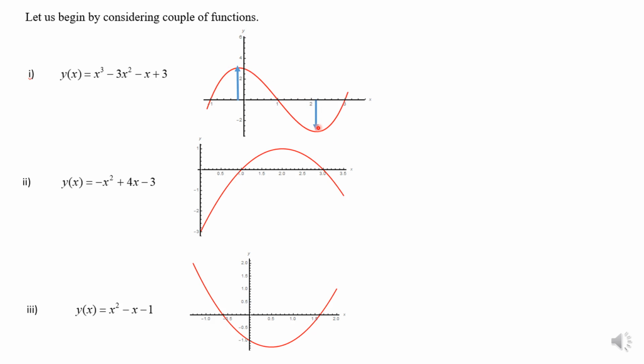This height corresponds to this particular point on the x-axis, so we call this point the point of maxima, and this minimum height corresponds to this particular point on the x-axis, so we call this point the point of minima.